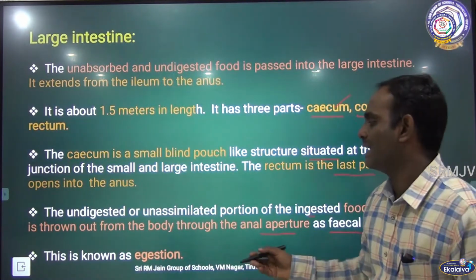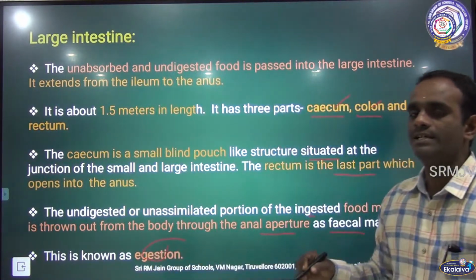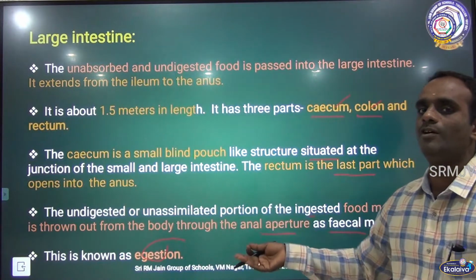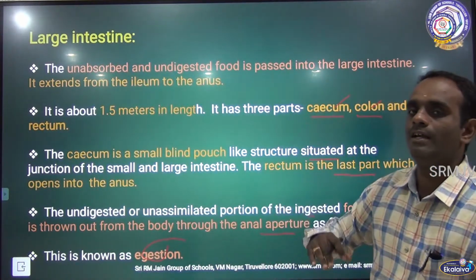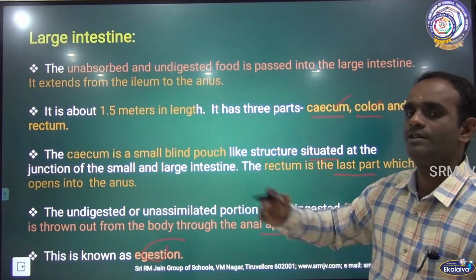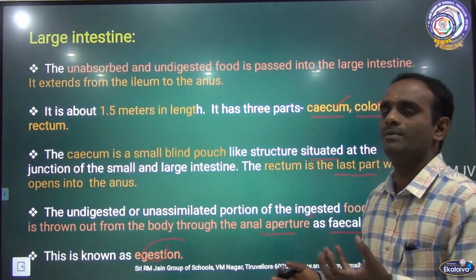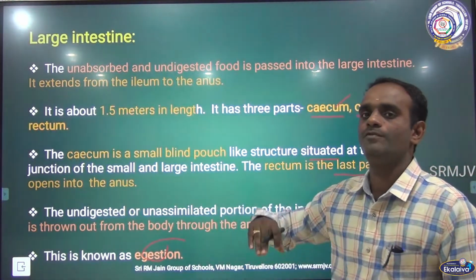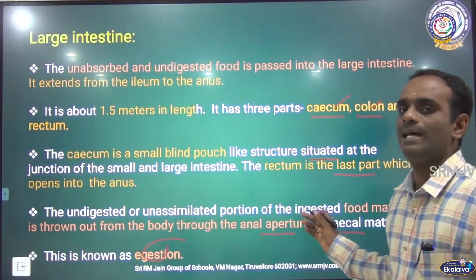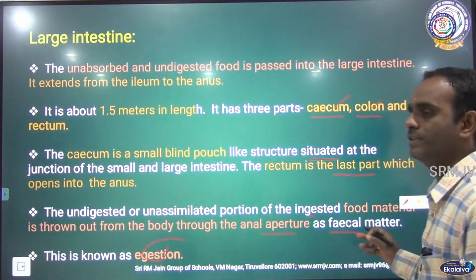This is known as egestion. Egestion is nothing but elimination of undigested food. Elimination or rejection of undigested or unassimilated food particles is called egestion. It comes out from the body through the anal aperture as fecal matter. Clear, children?